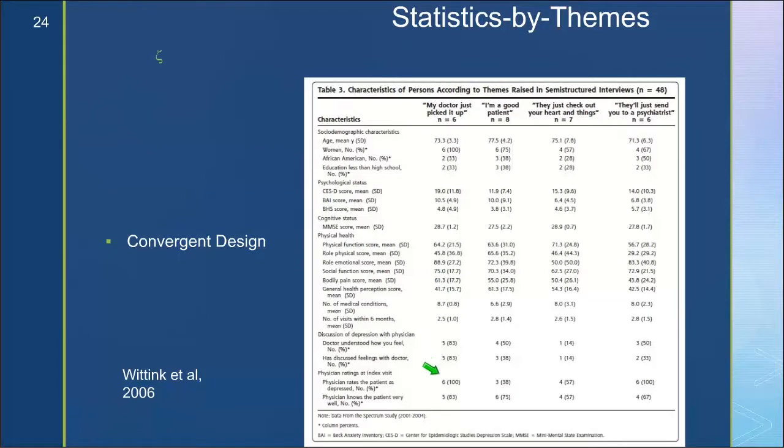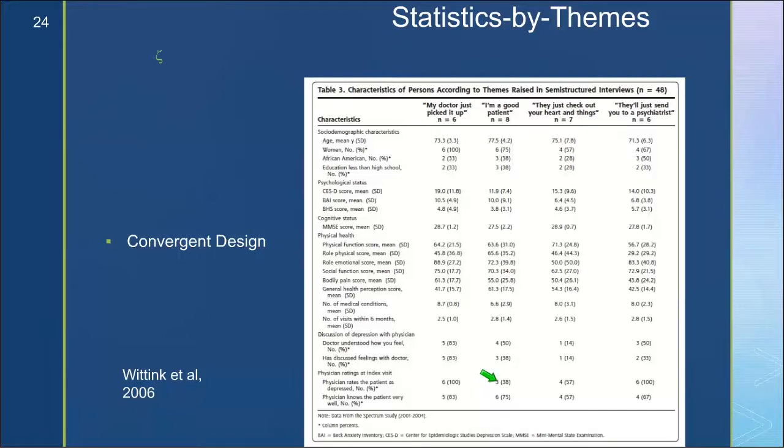And then if we jump all the way down to the second to last row, for this first group, 100% of the physicians rated the patient as depressed. For this next group, I'm a good patient, 38% rated the patient as depressed. So keep in mind, all of these older adults said they were depressed. So as they discuss in this article, this really illustrates the value of integration.